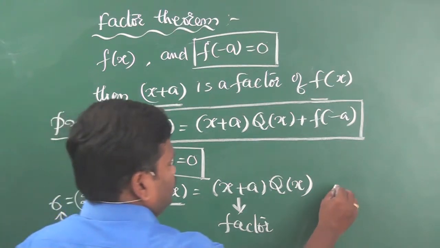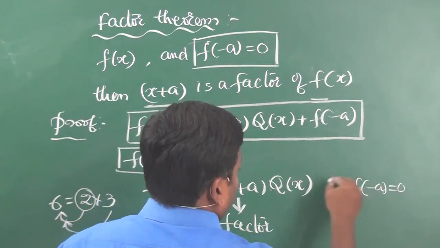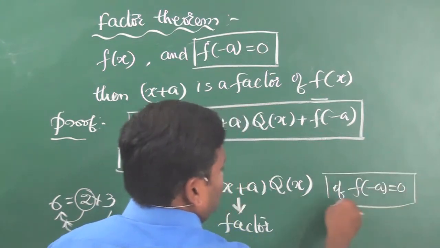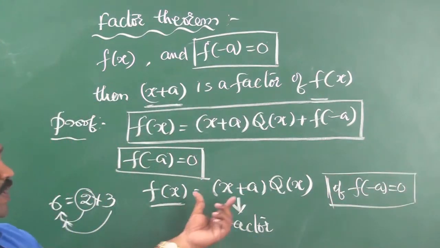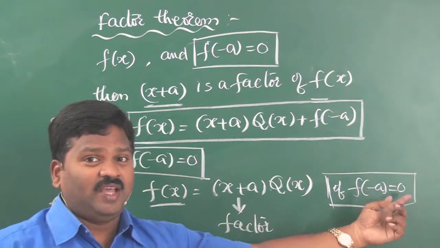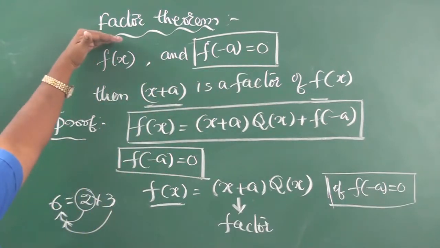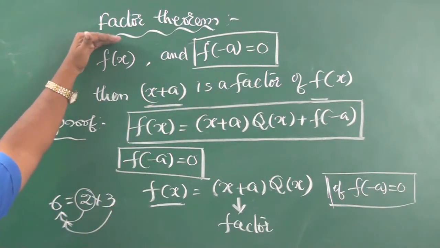If f of minus a equal to 0, we should not forget this condition. When x plus a becomes a factor, f of minus a equal to 0. This is called the factor theorem. What is the factor theorem?